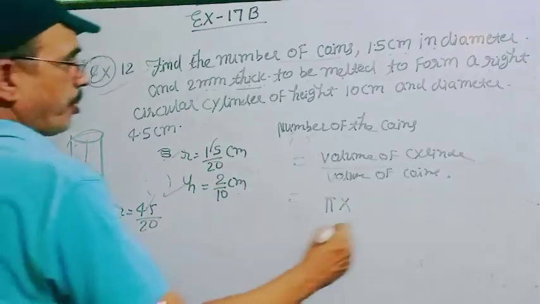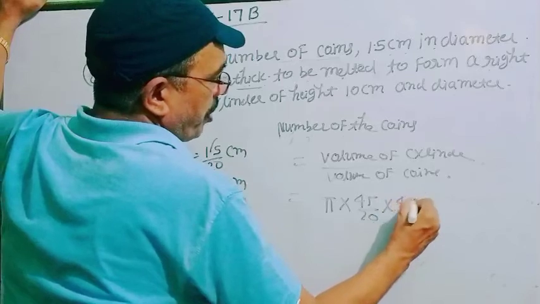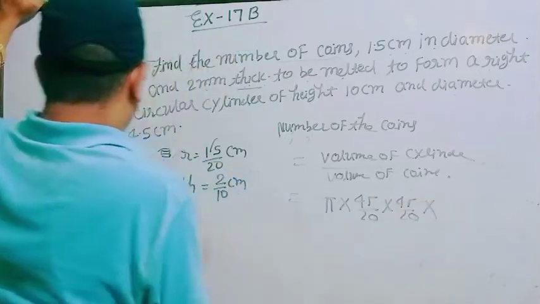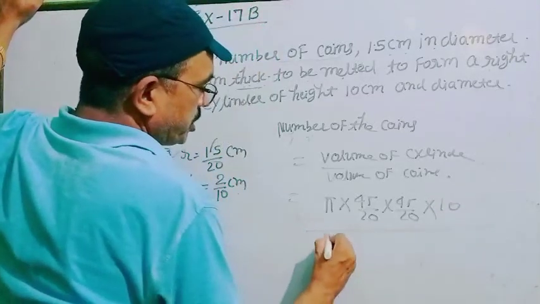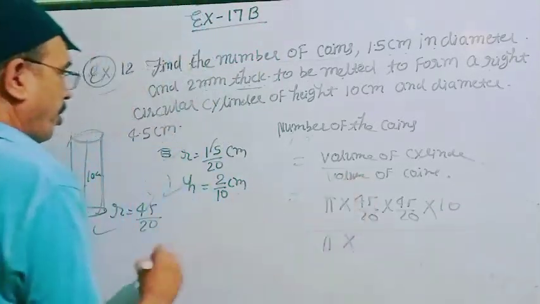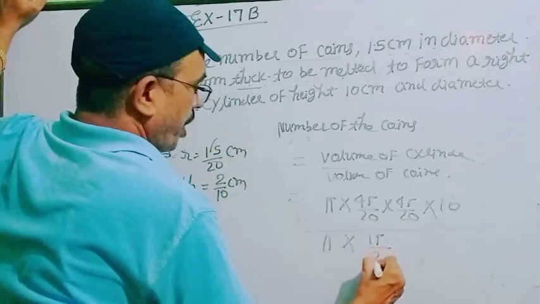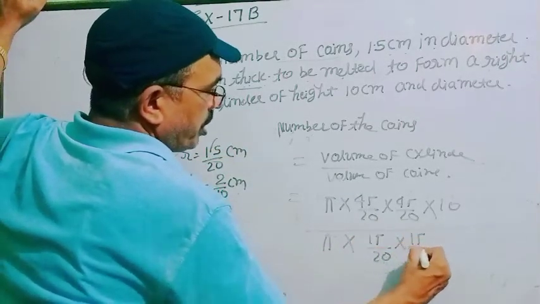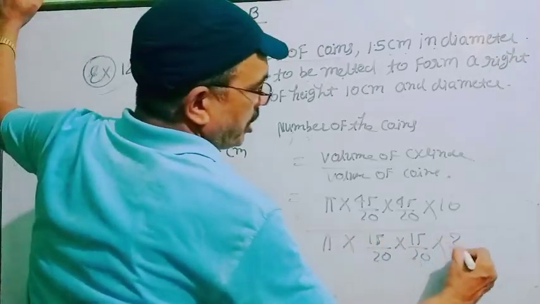R of cylinder is 45 by 20, 45 by 20, and h is 10. And volume of coin is pi, this is also in the form of a cylinder. So pi, and r is 15 by 20, 15 by 20, and height is 2 by 10.